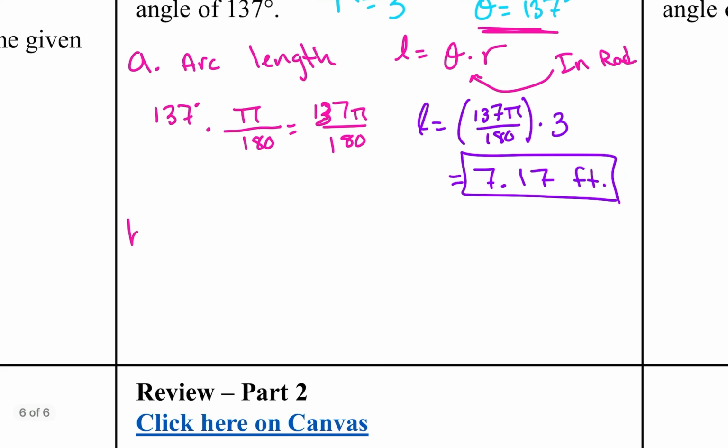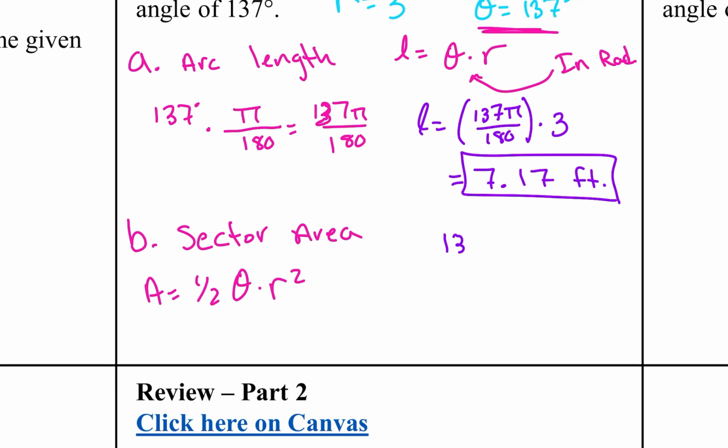Well, B asked something similar, but B asked us to find the sector area. So the formula we have here is that area equals 1/2 theta times r squared. So very similar problem, except we're using r squared and 1/2 this time. So theta is still going to be the same thing, right? We still know theta is 137 pi over 180.